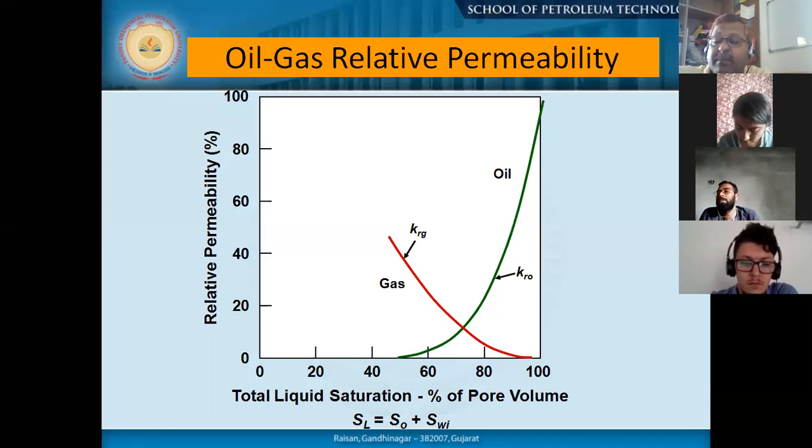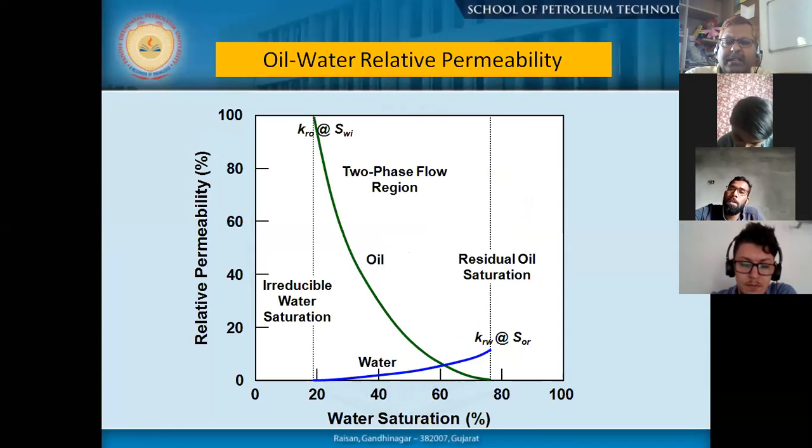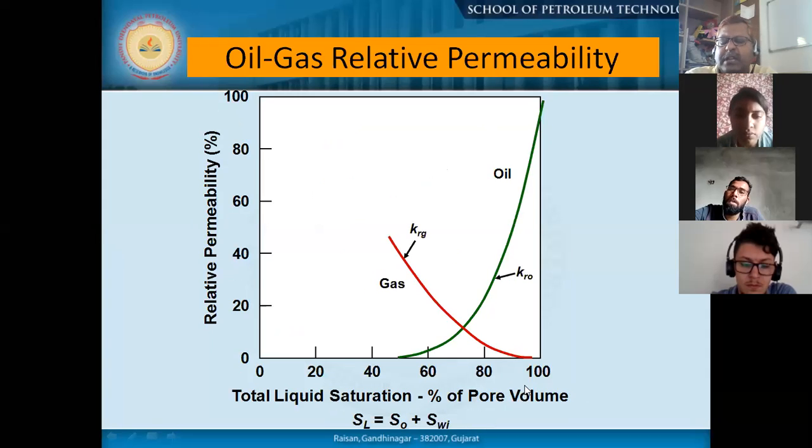Sometimes we may get a little bit of liquid also. In the case of gas and oil permeability, we have all three parameters, because gas saturation is there, oil saturation is there, as well as the connate water saturation. In the previous graph we had only water saturation on the x-axis, but here we have total liquid saturation.